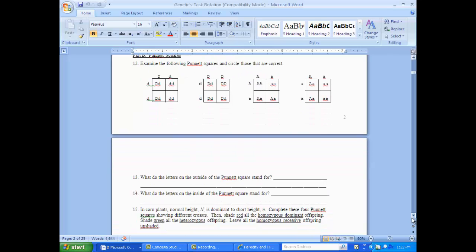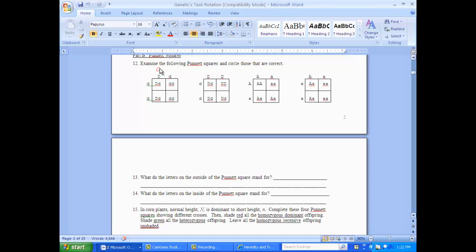Part B, Punnett squares. Examine the following Punnett squares and circle those that are correct. Another thing I want you to understand about Punnett squares is what the letters are. They are alleles, acting as gametes. We just talked about how sperm and egg get 23 chromosomes each.